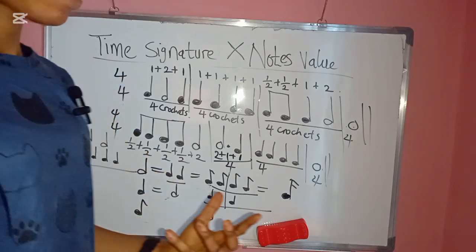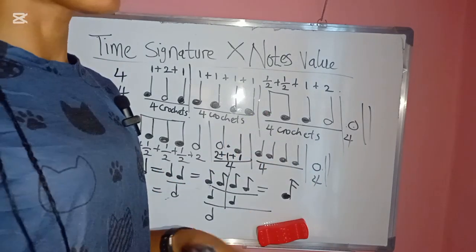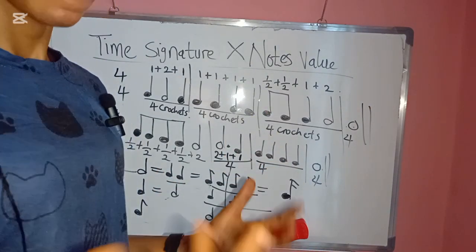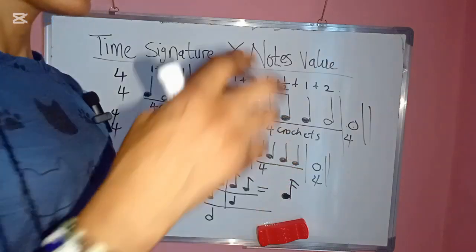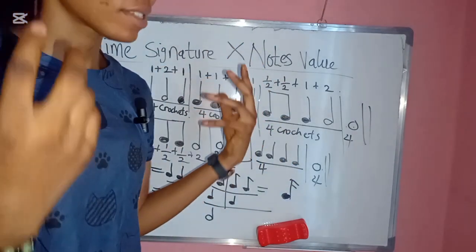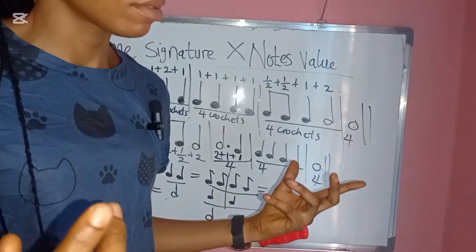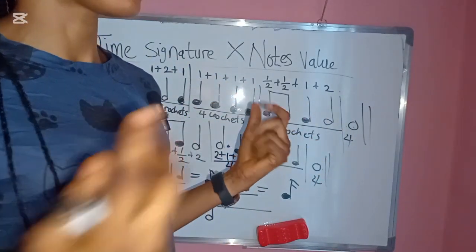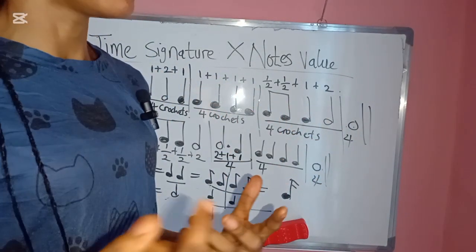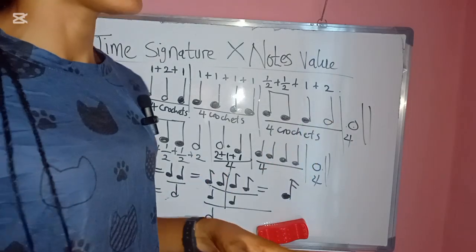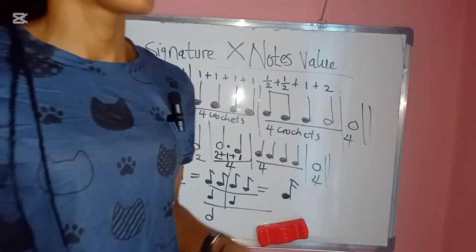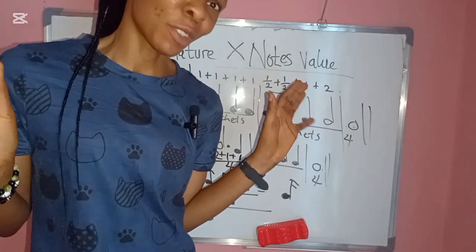In 4/4 time, semiquaver takes the place of a quarter beat. So that is how it works. It doesn't work with the mindset of what you read, that crochet is a quarter. No. Quarter note values are being calculated based on the time signature.